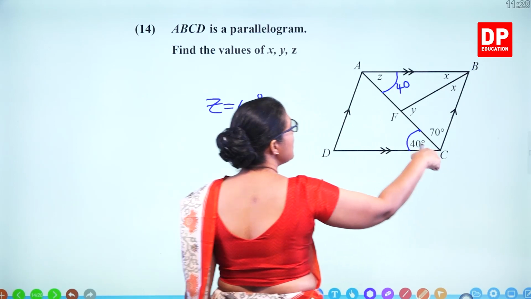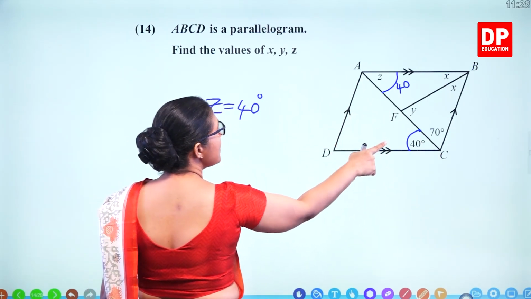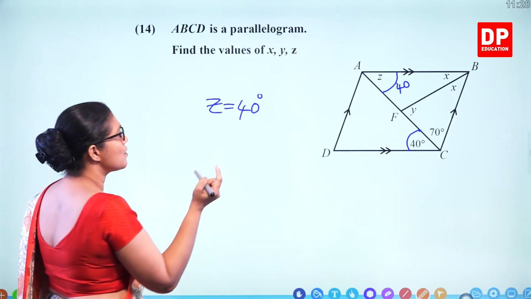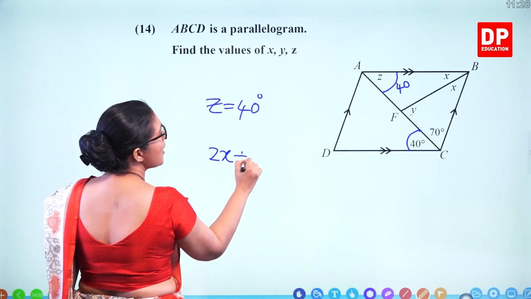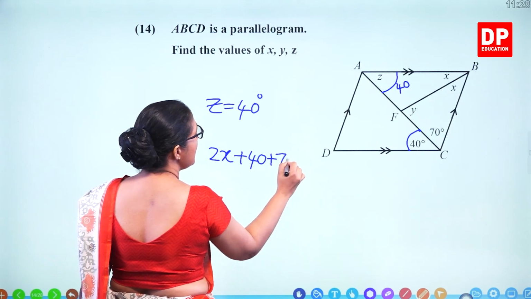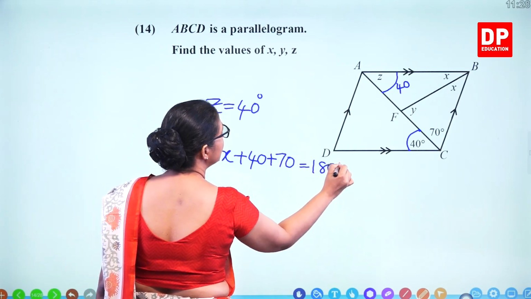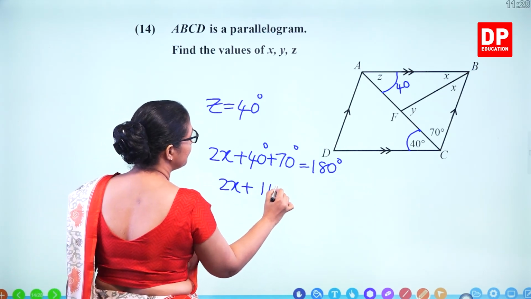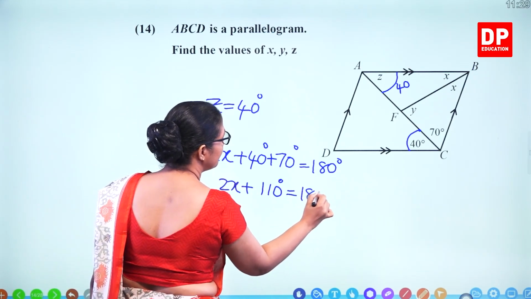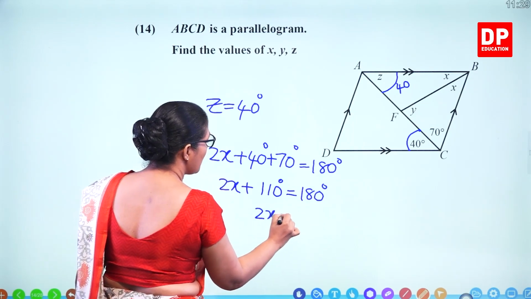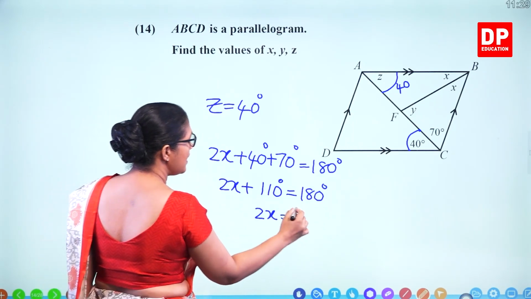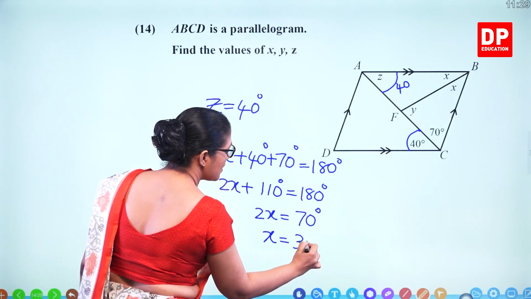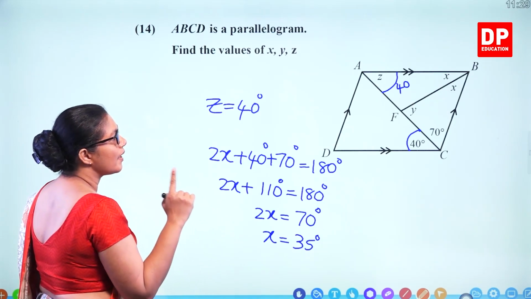Now we can take triangle ABC: 40, 70 and 2x. Angle sum is 180. So 2x plus 40 plus 70 equals 180. So 2x equals 180 minus 110, that's 70. So x equals, dividing by 2, 35 degrees. X is 35.